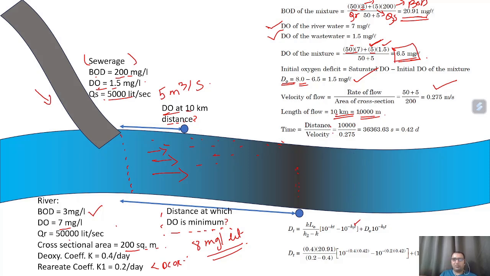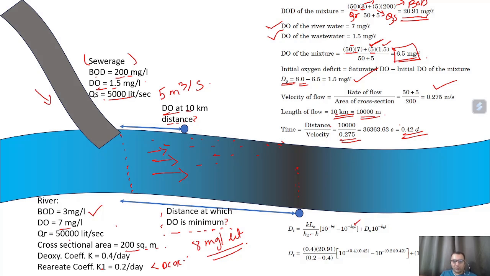So the time to cover that distance with a velocity of 0.275, which we just calculated, is 0.42 days. Remember that this unit is in days. The reason is that K2, which is nothing but K1, the reaeration coefficient, is in per day. That's the reason I am calculating time in days.